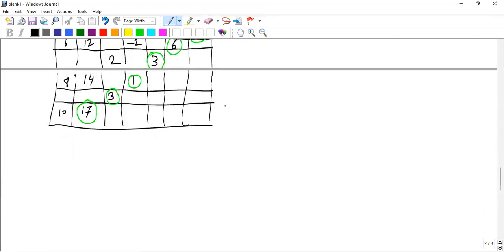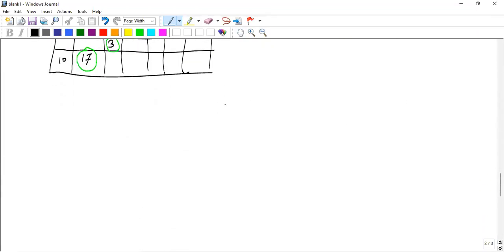Okay, so what is the formula we have for backward difference?